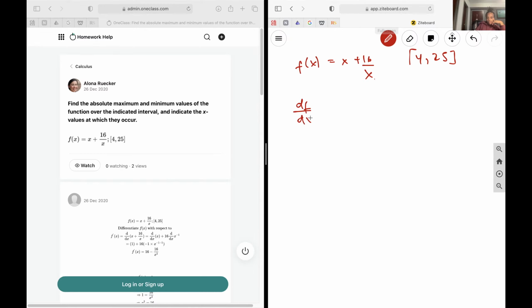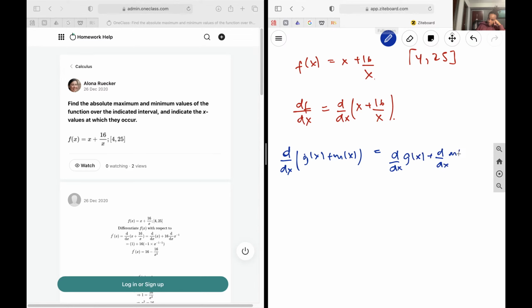So I would like to look for df over dx, which is equal to d over dx of x plus 16 over x. Now I'm going to apply the general rule that d over dx of g of x plus m of x is going to be equal to d over dx of g of x plus d over dx of m of x.